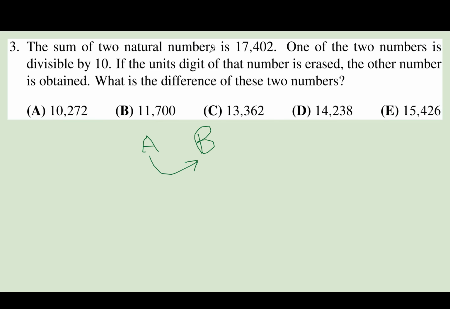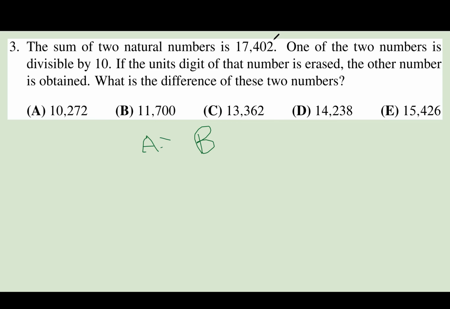But how do you take a number and add a 0 to the end of it? Basically, you just multiply it by 10, right? So, if I want to turn 126 into 1,260, I have to multiply by 10. So it basically just means A equals 10B.